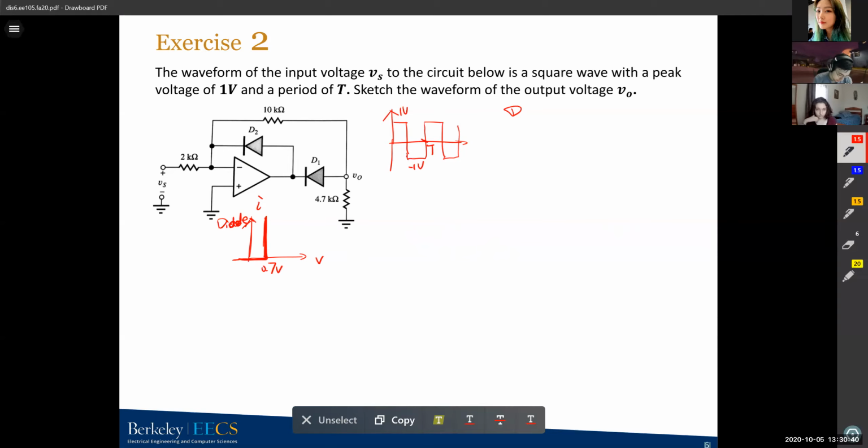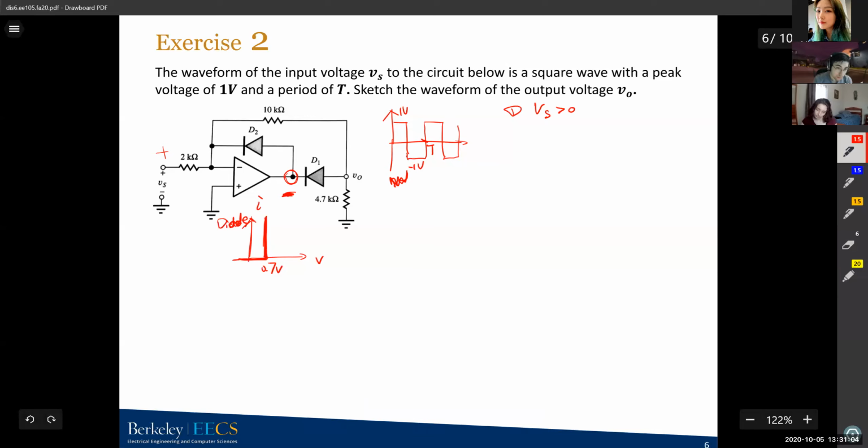So let's first start to solve this. I'll first consider the positive region, when Vs is greater than 0. If we have a positive Vs here, our voltage at this point should be negative, right? Because the gain of this op-amp is A V times V plus minus V minus, and you have a positive signal at the minus terminal.